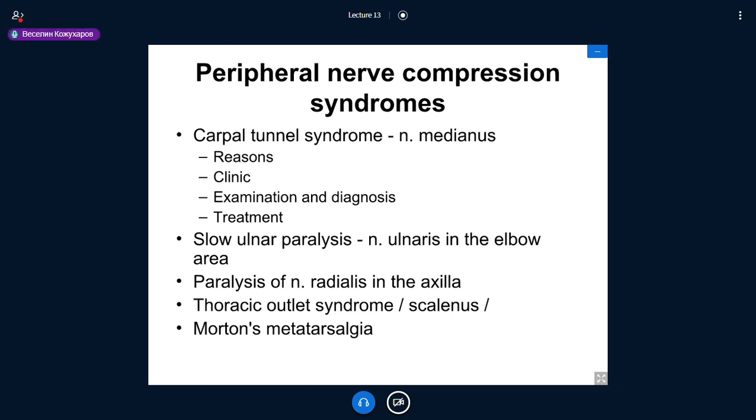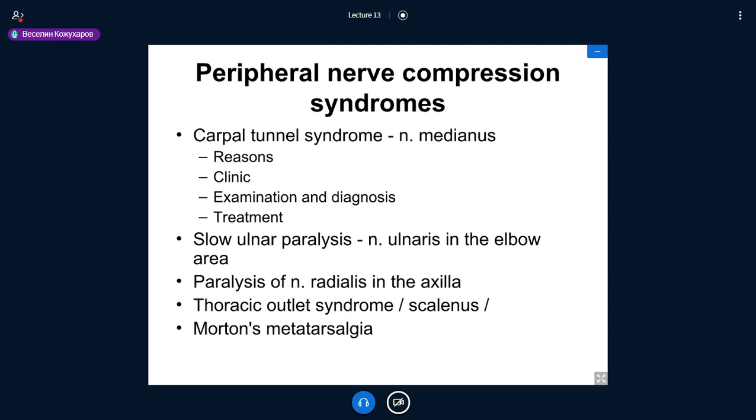There are several other symptoms that could be elicited when examining a patient with carpal tunnel syndrome, but the Tinel sign is the most famous and most consistent with the condition of the patient.